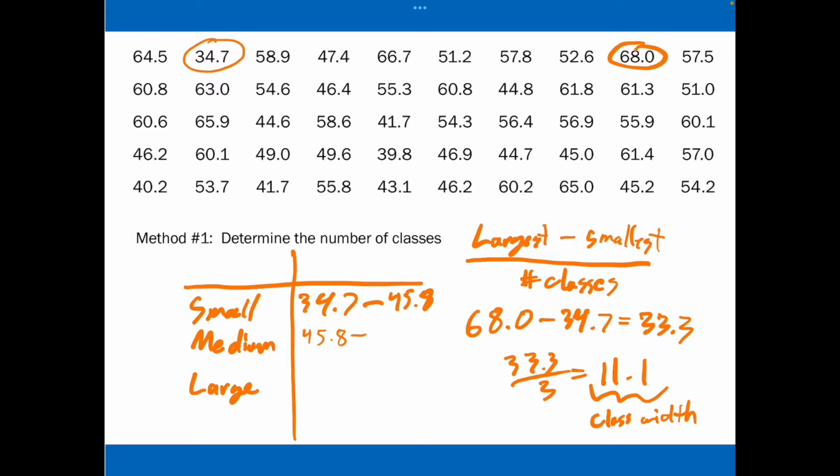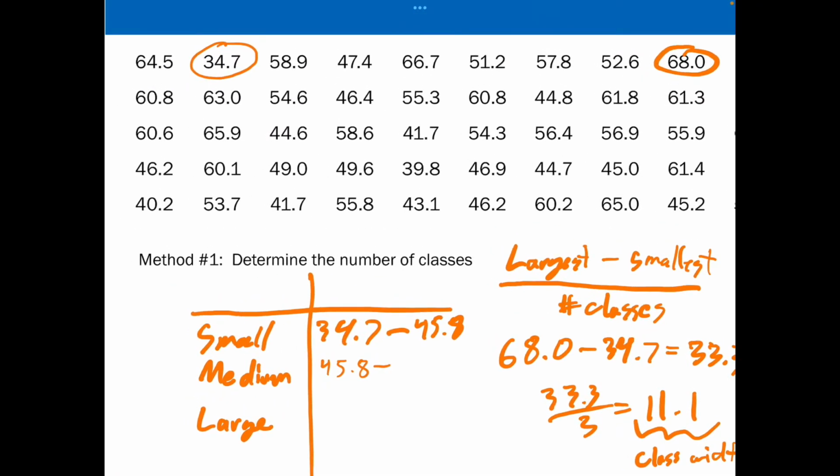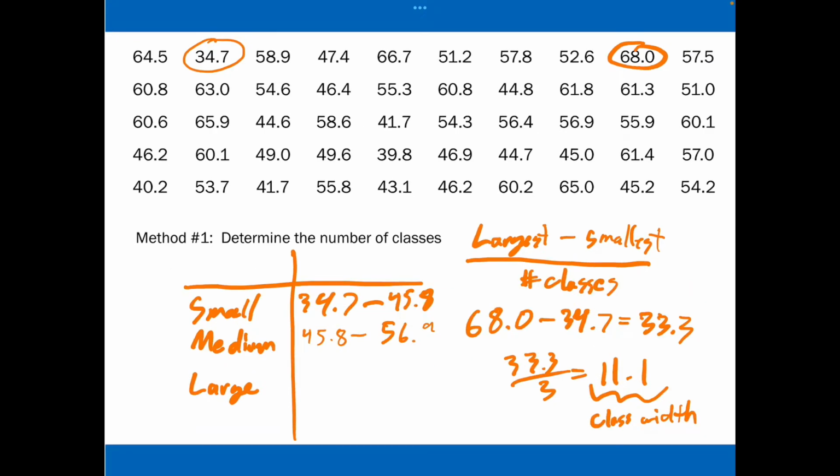I'll add 11.1 to that to make this next class, and that'll be 56.9. And then finally, my last class, I'll start with 56.9, and I'll add 11.1 to that, and that gets me 68.0.